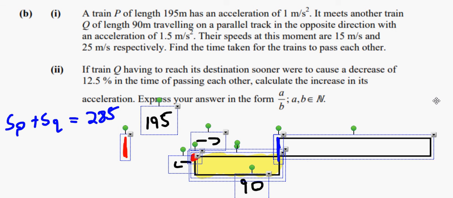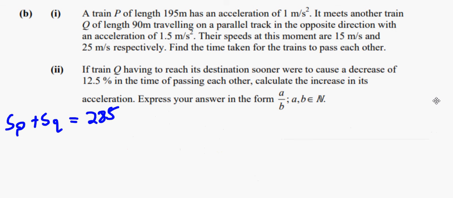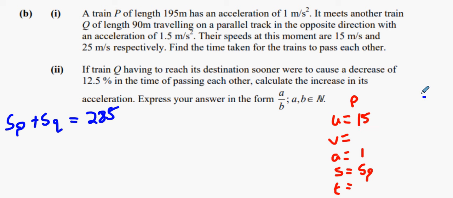Okay? So, we're going to write down two lists for UVAST. A P list, so U, V, A, S, T. Let's call that SP. Acceleration of 1. U of 15. And then we're going to go for Q. U is 25.